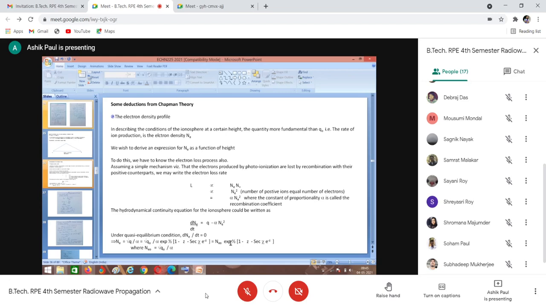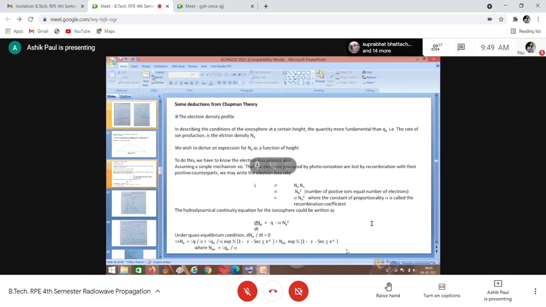simplistic assumptions. That is, we have assumed that the electrons which are produced by photoionization are lost by recombination with their positive counterparts. So that's the only process which is taking place. Although the transport of electrons is also a factor that one takes into account when we go for a more detailed analysis.